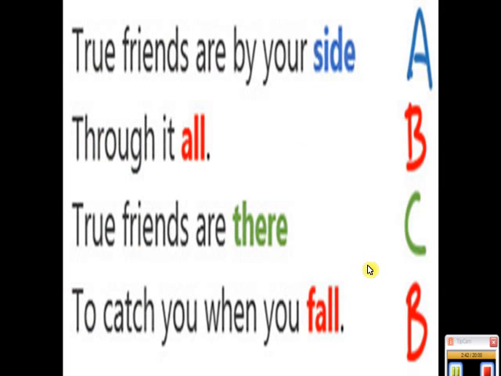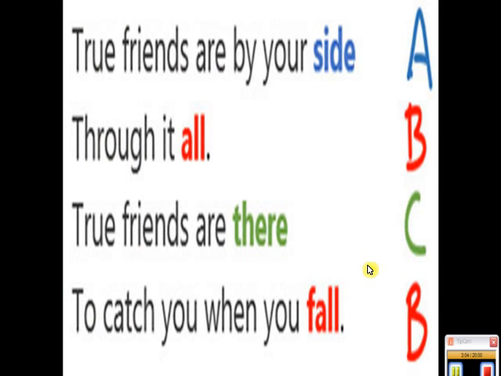For example, you have here a poem or a stanza. We know that this is a stanza called quatrain, because it has 4 lines. The first line is, true friends are by your side. The second line is, through it all. Third line is, true friends are there.